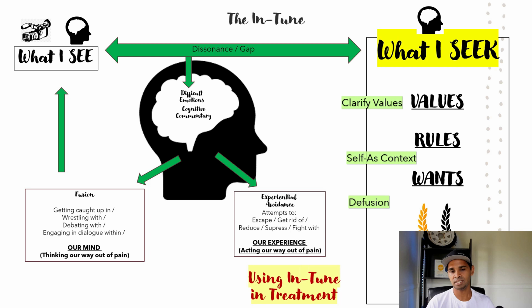Does that make sense? If I'm fused with that rule, if I'm fused with a particular want, like I really want a new car, and I find that the reality I see is that I don't have enough money for it, I'll still feel frustrated or sad or disappointed, relevant to the degree that I'm fused with that want. Can you see?